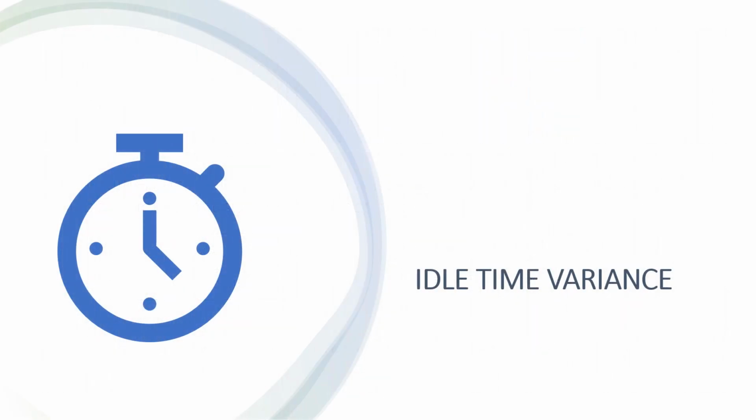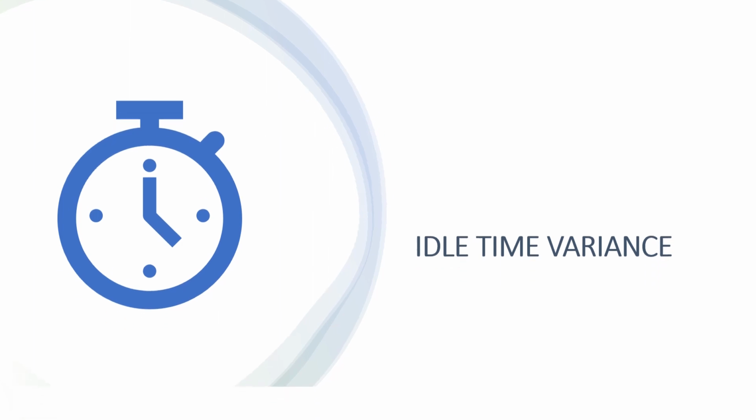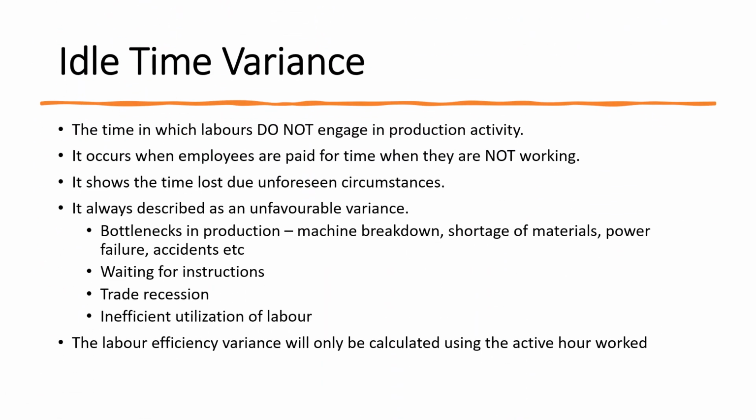Okay, now we try to understand what the idle time variance is. The idle time variance is an important concept in management accounting, particularly in the context of labor cost control. It represents the time during which employees are paid but are not engaged in productive activity.